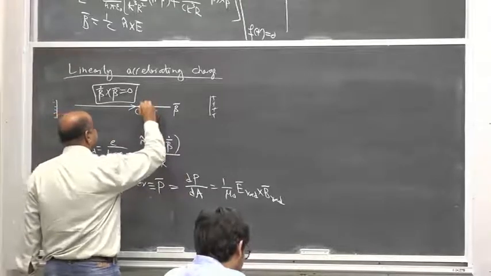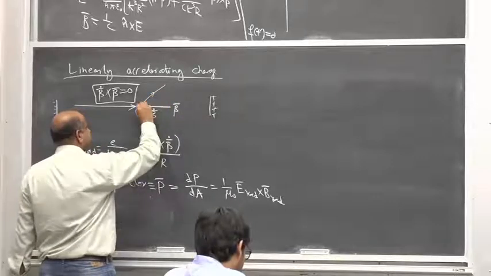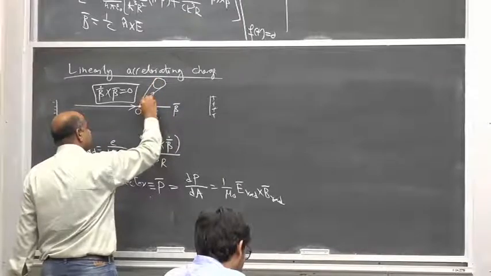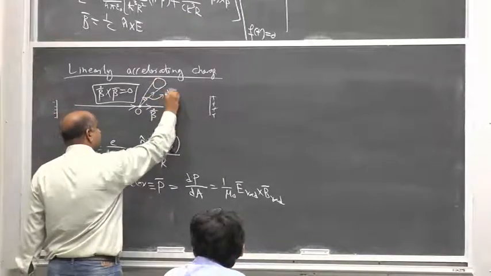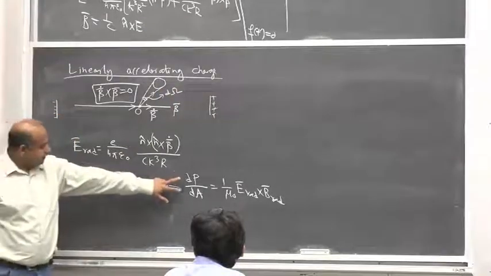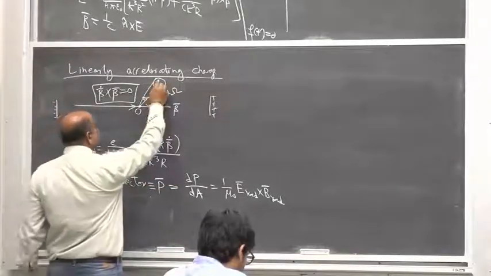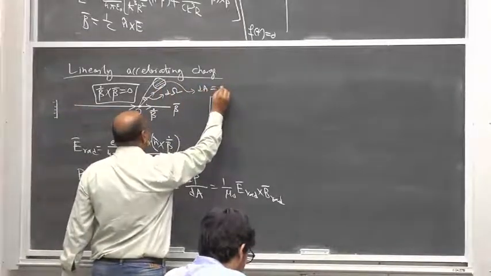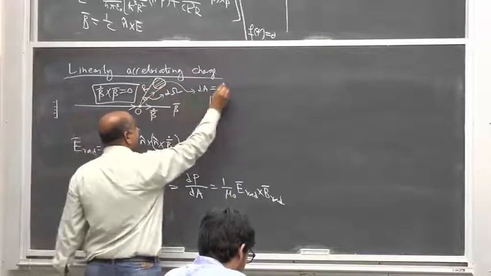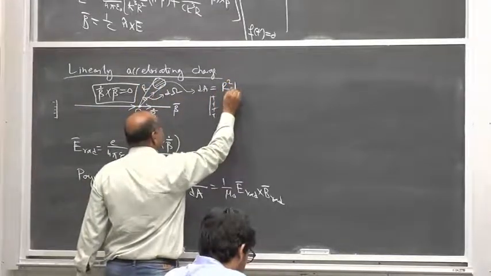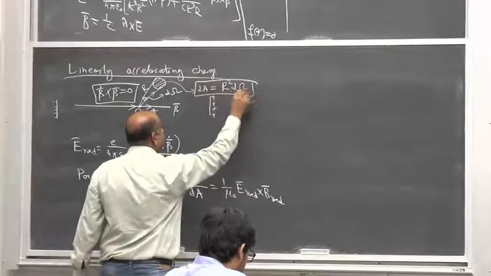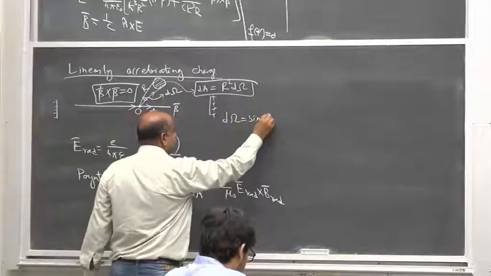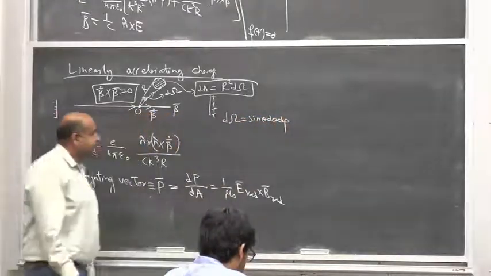Then the power radiated into this solid angle d omega we can compute from here, because this area dA is nothing but, if this distance is r, r square d omega, where this d omega is the solid angle. It is defined as sine theta d theta d phi.